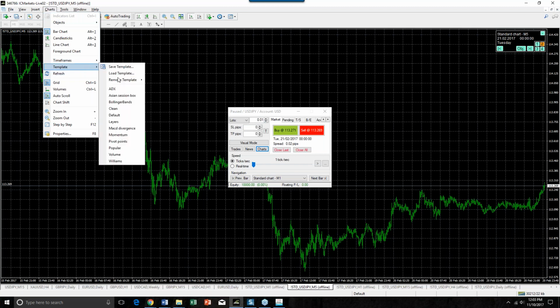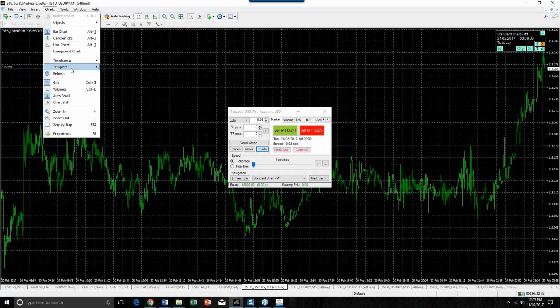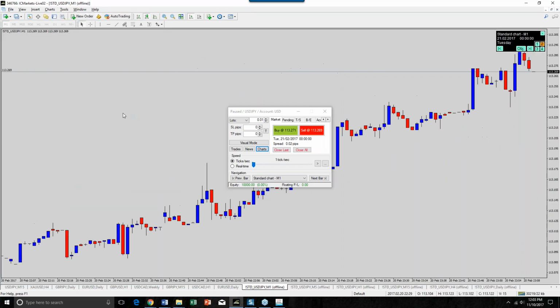Because a lot of people get confused about the various time frames when you're using them. I only trade this time frame, is that correct, or this correct? That's not necessarily always going to be the best way to do things.